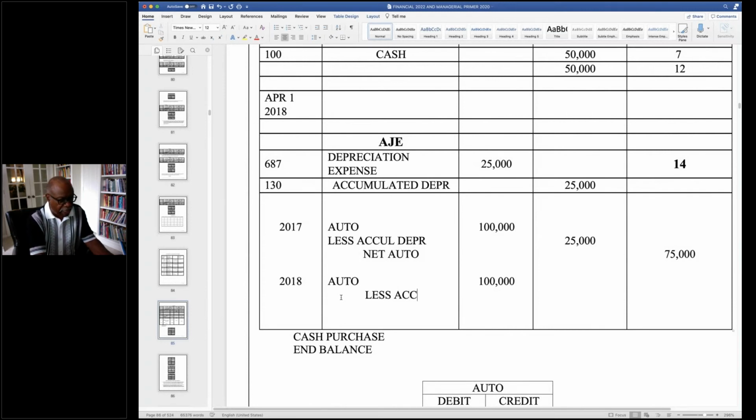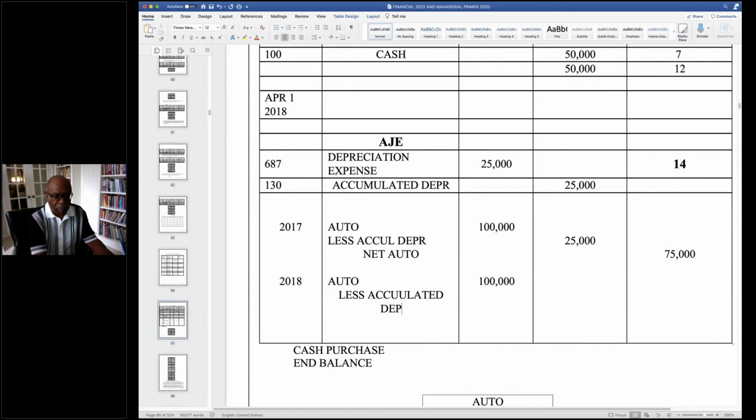Less accumulated depreciation. What kind of account is accumulated depreciation? How much is gonna be in the account now? 50,000.